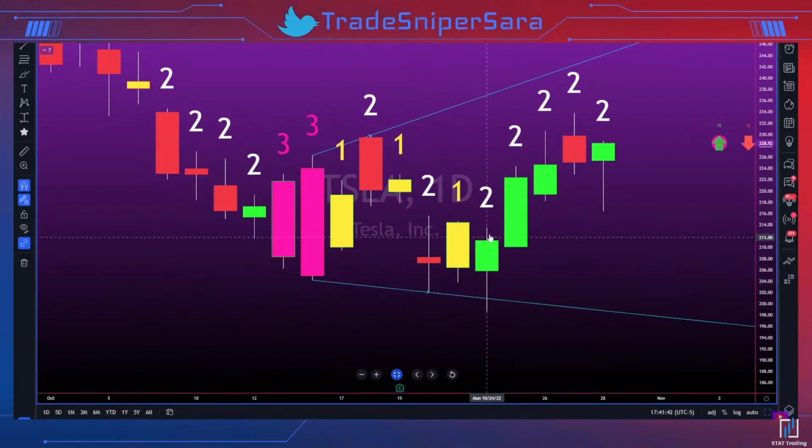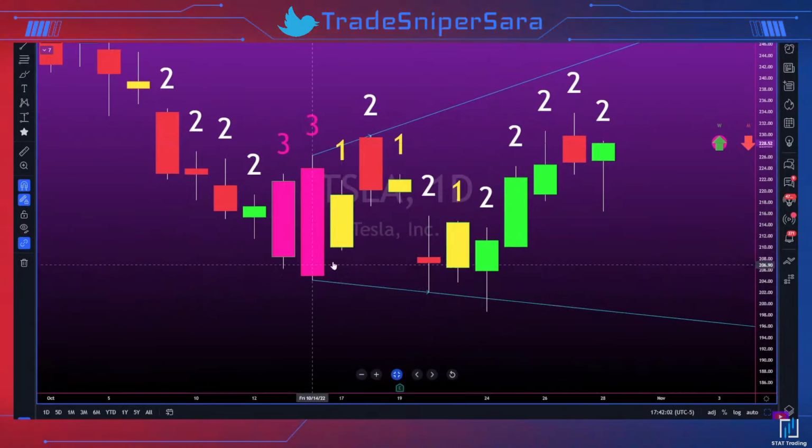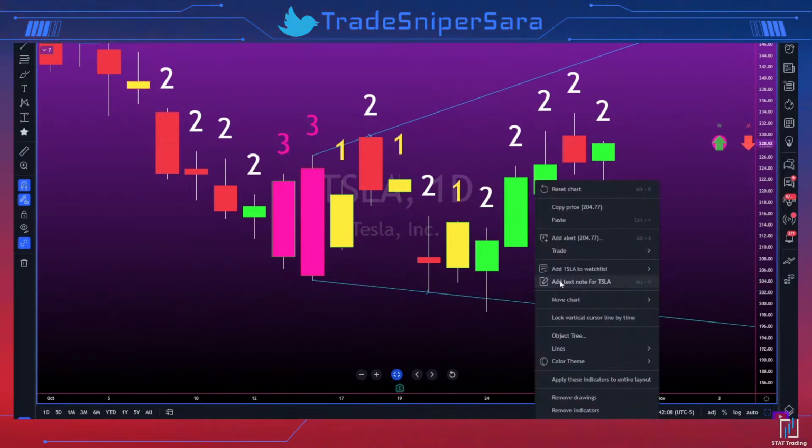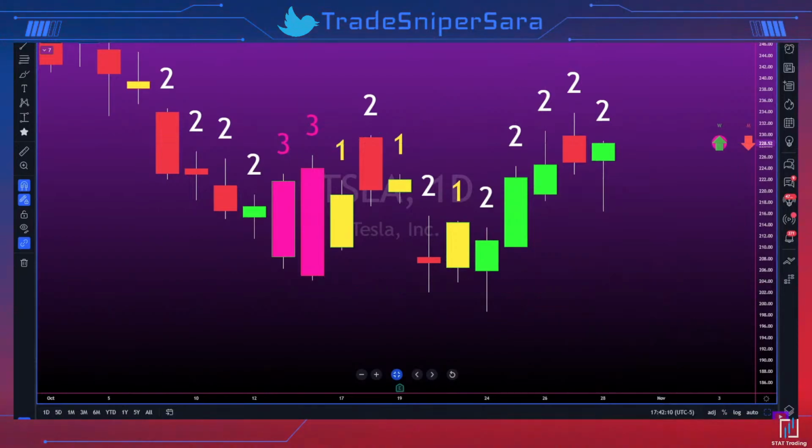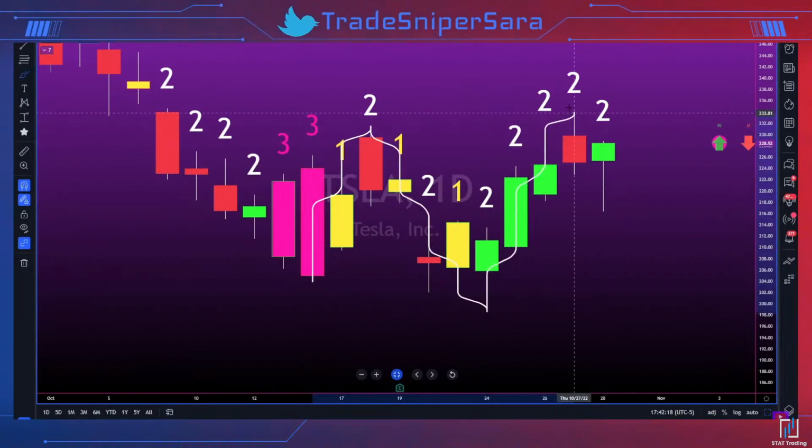But until you get an actionable reversal and price tells you it's going to reverse, it can go as low as it wants. But once it comes back into this range, that's what we care about. So let's remove these drawing tools, because again, all we're doing is identifying that we have lower lows and higher highs.